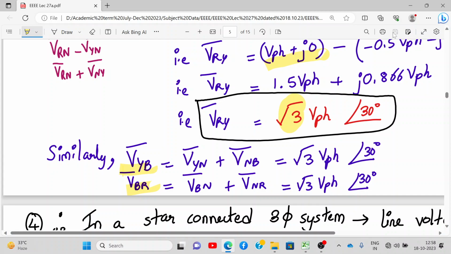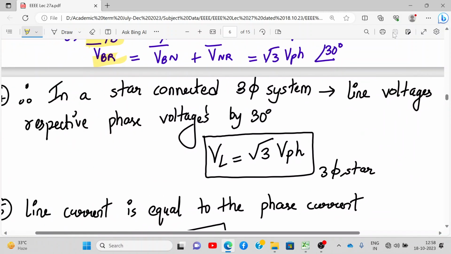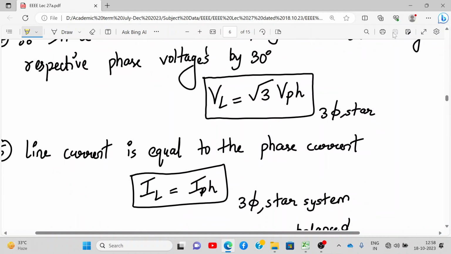Okay, so can we write the general expression now? In a star connected three phase system, line voltage leads the phase voltage by 30 degrees. And what's the relation? VL is root 3 times V phase. So write this down also. Line voltage is root 3 times phase voltage, and line current is equal to phase current. Very important for numericals.